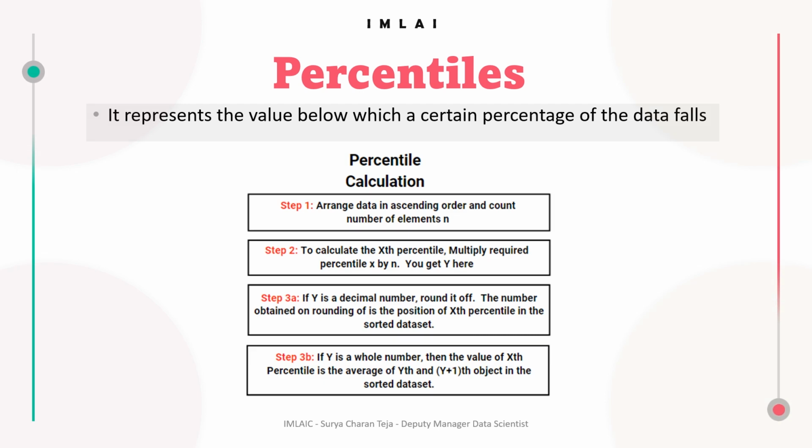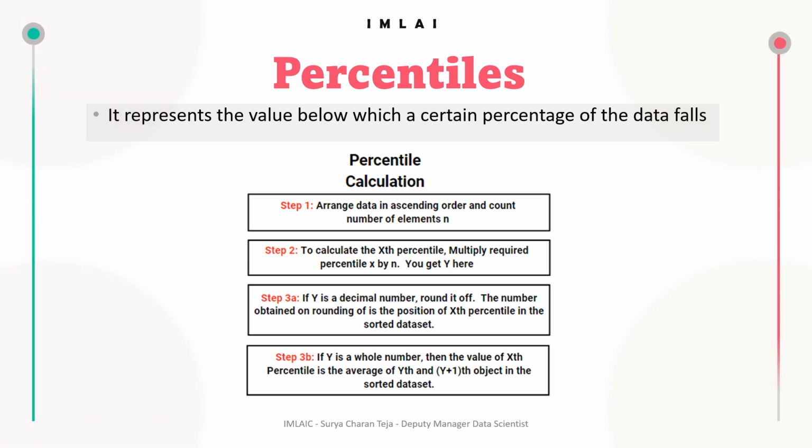For example, let's take the 25th percentile. The 25th percentile, also known as the first quartile (we'll see what a quartile is later), represents the value below which 25 percent of the data falls.